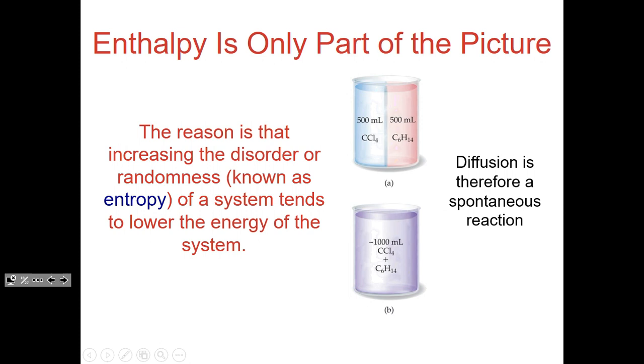Well, fundamentally, what happens is when we increase in entropy, the system is going to a lower potential energy. In other words, energy is being released when we look at the potential energy before the dispersion and after the dispersion. So therefore, diffusion is a spontaneous process, always, because we don't have really much in the way of intermolecular forces here to worry about to mean they won't mix with each other.